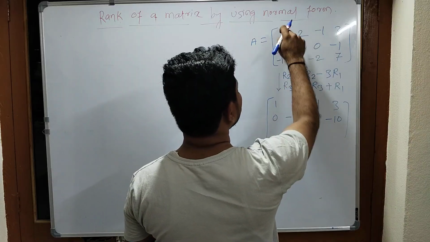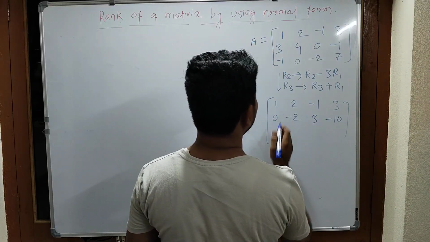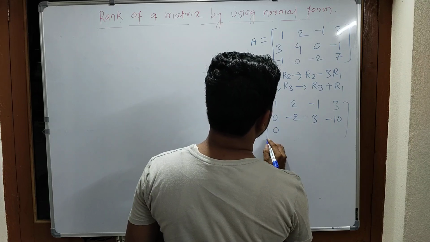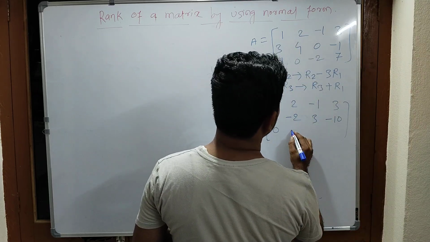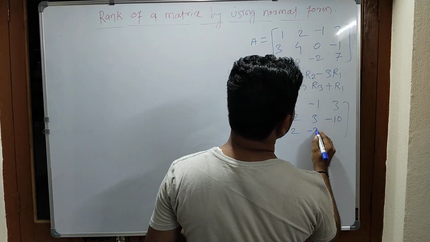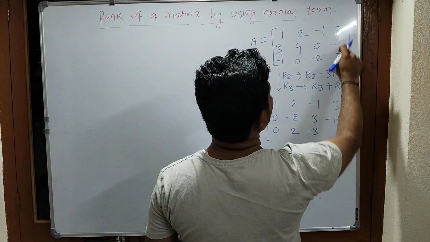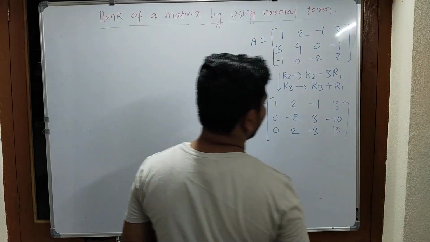Third row, R3 plus R1: minus 1 plus 1 is 0, 0 plus 2 is 2, minus 2 minus 1 is minus 3, and minus 7 plus 3 is minus 10.